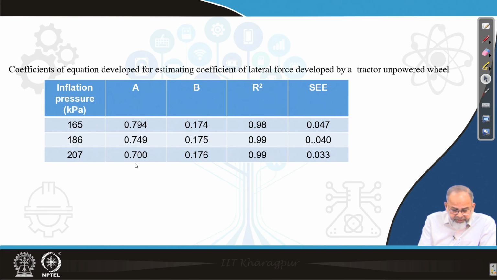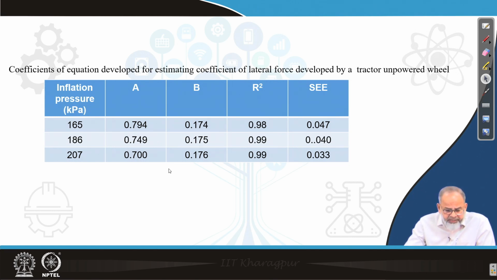Now what we observed here is that with increase in inflation pressure, the coefficient A is decreasing, whereas B is increasing in the third digit, we can see 0.174, 0.175, 0.176, and the R square value is very high, and standard error of estimate is also very low. So that means if you know the A value and B value, simply put these values in that equation and then find out what is the coefficient of lateral force.